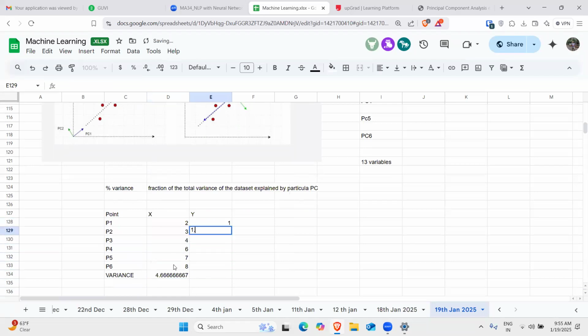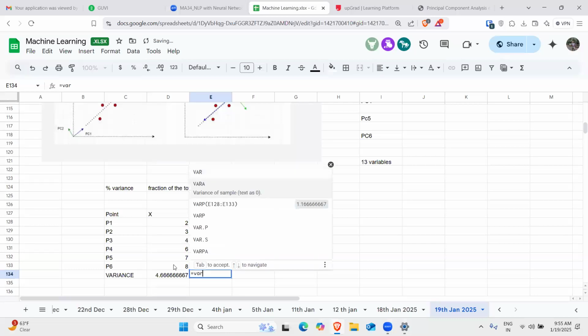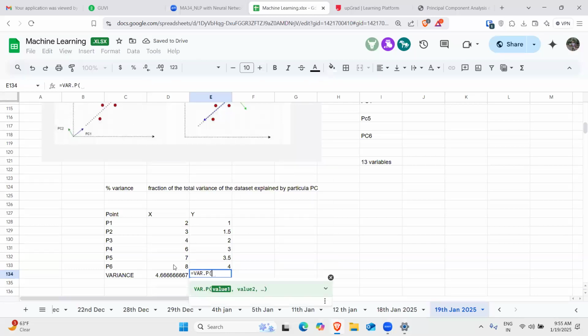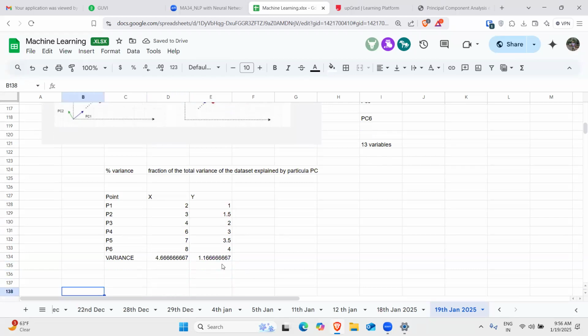Y is 1, 1.5, 2, 3, 3.5, 4, and the variance of Y is going to be 1.16.